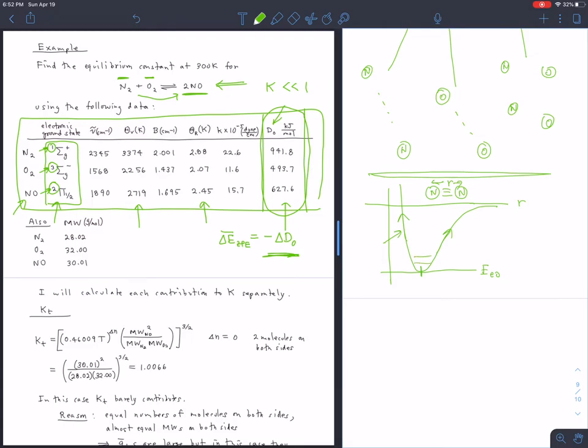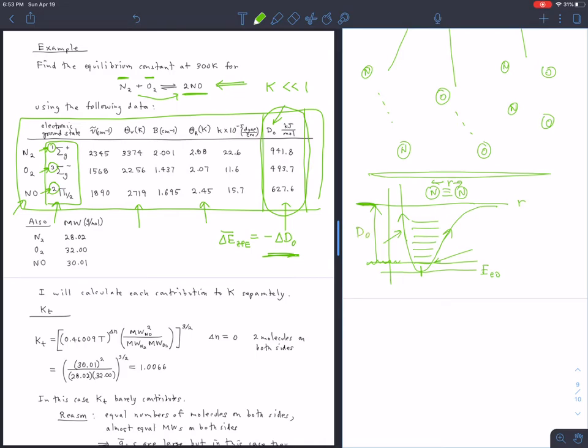But then remember that there's vibrational microstates on top of that electronic energy. And so D0 is the energy up from the first vibrational ground state to the 0 of energy that's common to all 3 chemical species, or all chemical species, no matter how many there are in a chemical reaction.